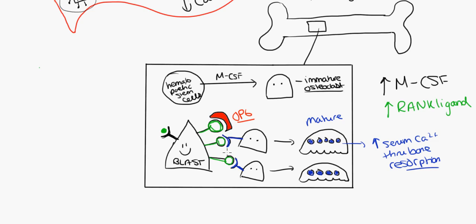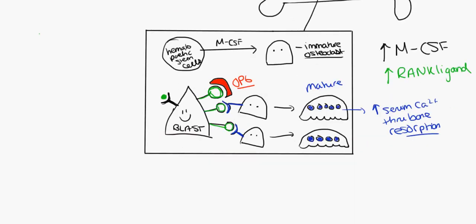So let's recap that one more time. Actually, let's come up with a way to remember that rank L is on the blast and rank is on the clast. How about we think about it in terms of the blast just having more going on with it? It has the PTH receptor, and rank L is a longer word than rank.